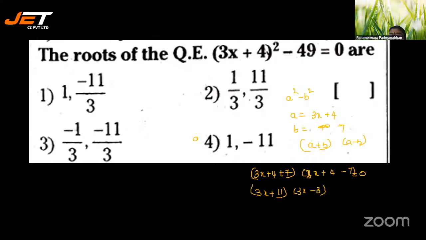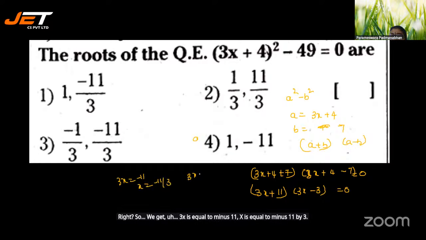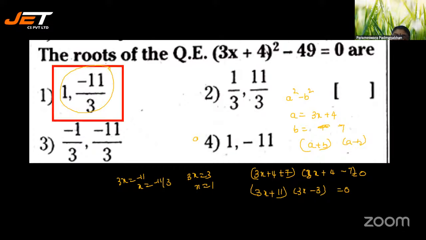Right? So we get 3x is equal to minus 11, x is equal to minus 11 by 3. 3x is equal to 3, x is equal to 1. So your option 1 is matching and your answer is right: 1 and minus 11 by 3.